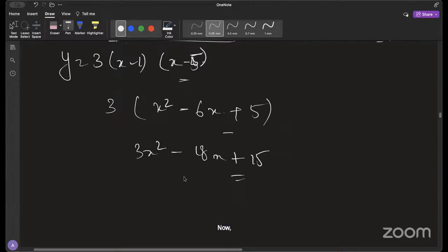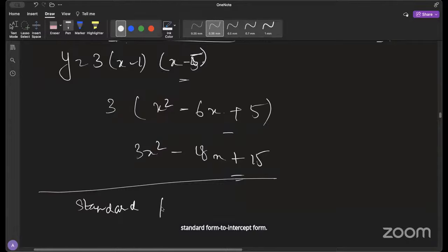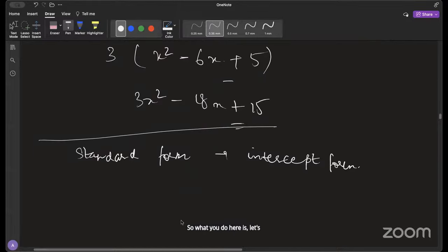Now let's just say that you want to go from standard form to intercept form. So what you do here is, let's just take an example first.